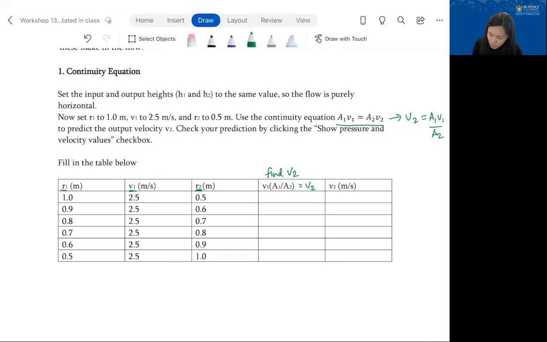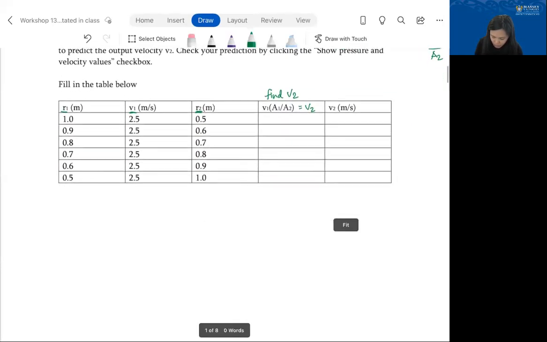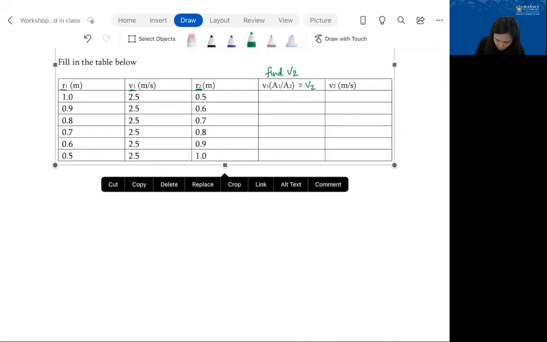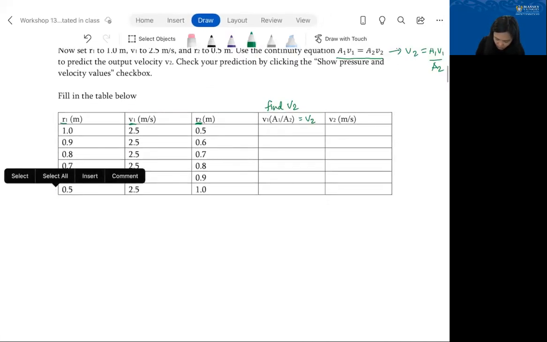So as I've mentioned before the break, we rearrange this equation to find V2. So we have A1 V1 divided by A2. What we are given are the radii and not the areas. So instead of calculating the areas individually, you can expand the definition for area.